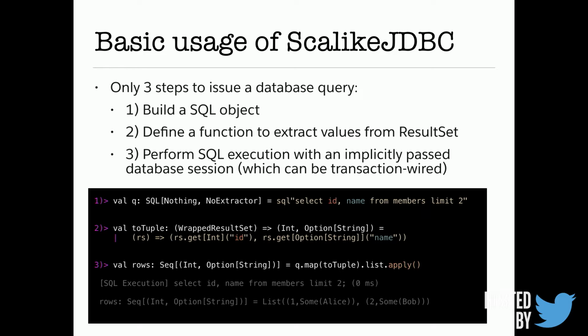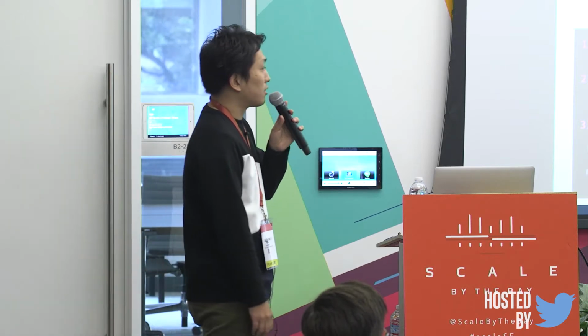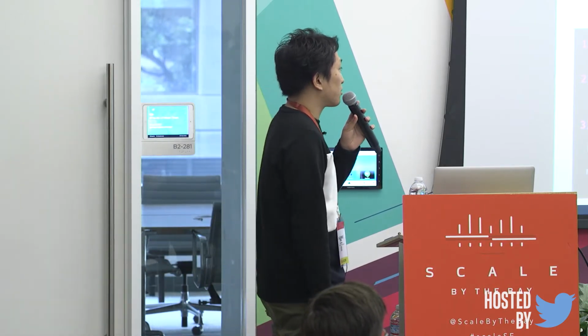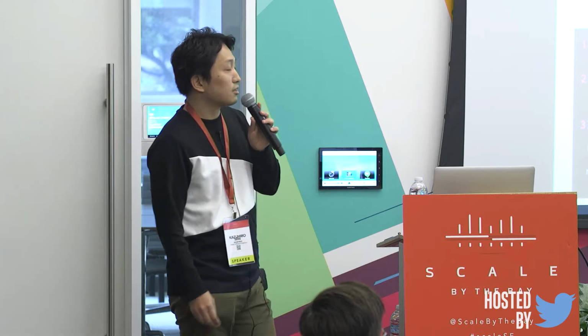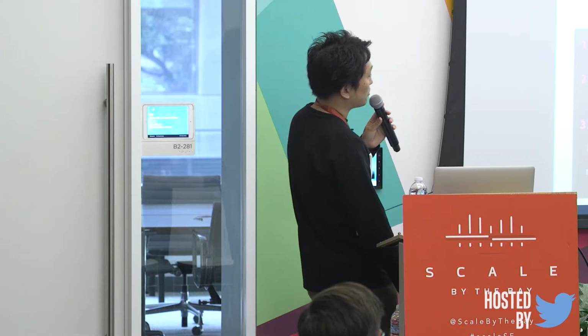And secondly, you define a function to extract necessary values from the JDBC result set. In the code example, the function extracts 2 values, ID and name, from the result set as a tuple. And finally, you can perform SQL execution or database operation with an implicitly passed database session. In the code example, the Q SQL object is mapped to a tuple.